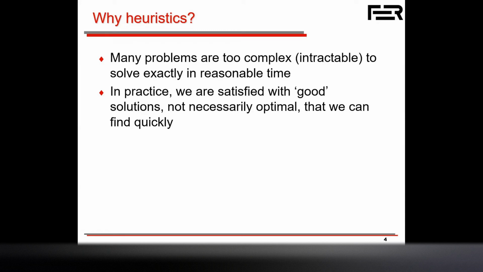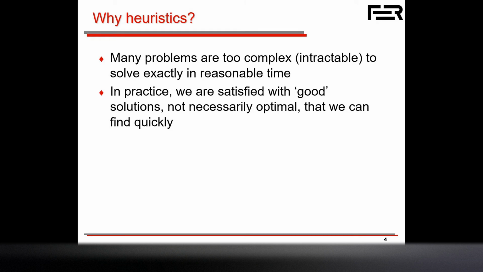Of course, many problems that we come across are actually too complex in terms of the search space or the amount of potential solutions, and they become intractable to solve exactly in a reasonable amount of time. So finding an optimal solution is not feasible, not possible in any reasonable amount of time.